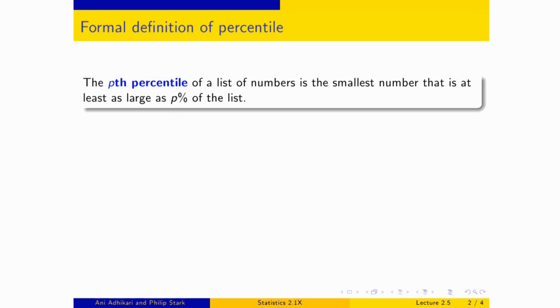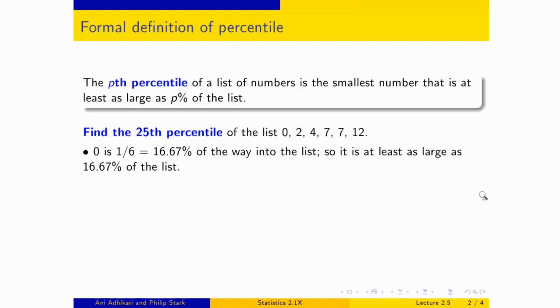So let's take our old familiar list and our old familiar 25th percentile that we were trying to find, and we already said it's got to be somewhere in between 0 and 2. Right? We didn't say exactly where, in between 0 and 2. So let us see what this definition says about the 25th percentile. I'm just going to look at the first number on the list. That's 0. That is the first out of 6 numbers, so it's a sixth of the way, that is 16.67% of the way into the list.